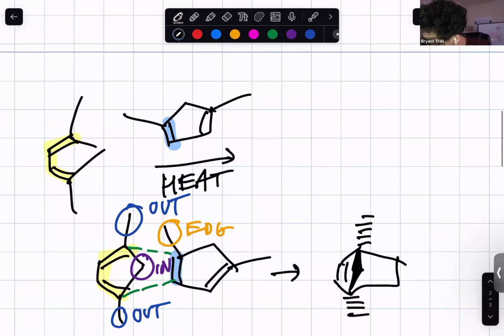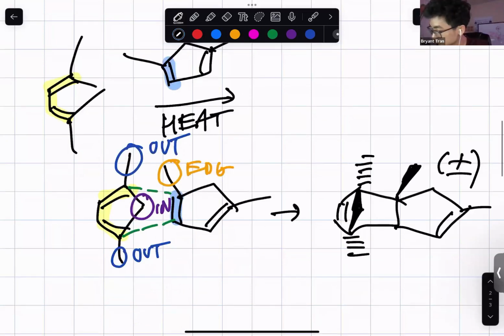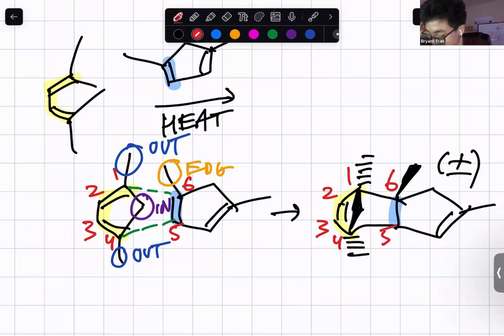Right, but there is a ring here with a double bond right there as well. Plus minus, like that. So this is what I would say is the product for this problem here. Where if I highlight it, this is where the diene part of the molecule was, this is the dienophile part of the molecule, this is atom 1, 2, 3, 4, 5, 6. 1, 2, 3, 4, 5, 6. Any questions on how I got this Diels-Alder product here?